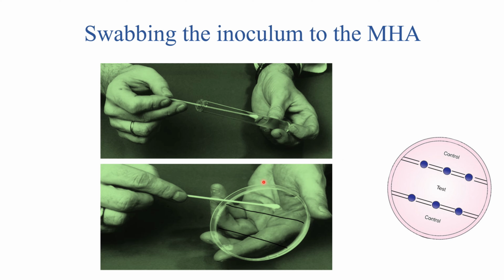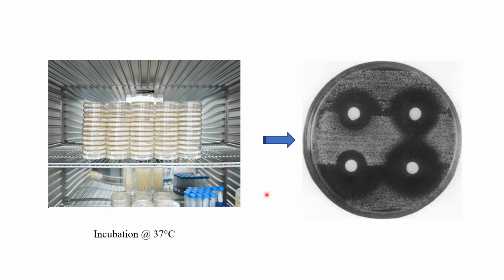We will lawn culture the control strain into the first and third parts. The test organism is lawn cultured into the center part of the Mueller-Hinton agar. After lawn culture, we will incubate the culture plate at 37 degrees Celsius for 16 to 18 hours or overnight, and later we will observe the zone of inhibition.